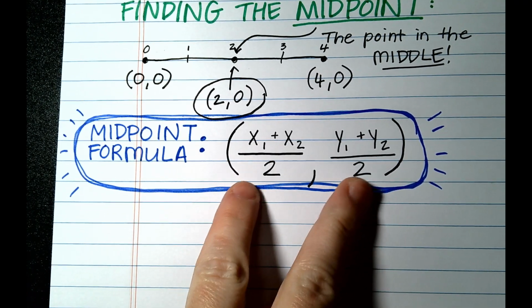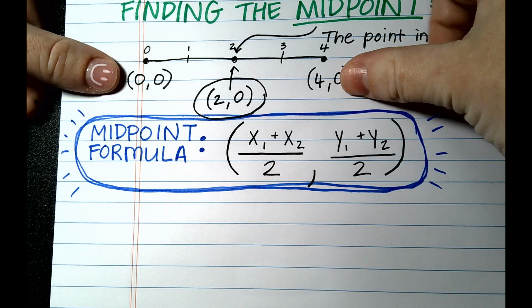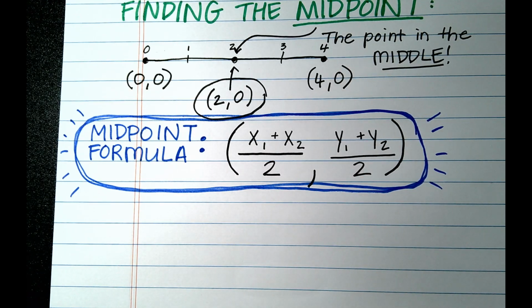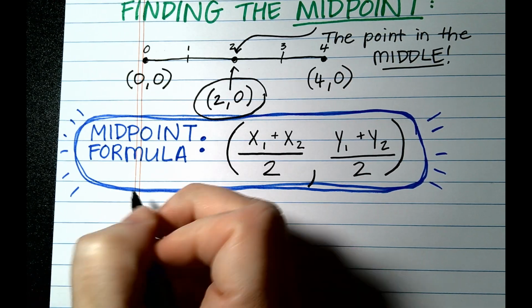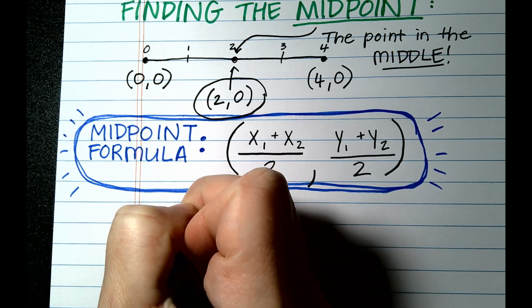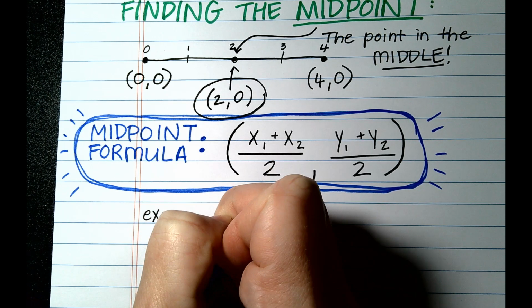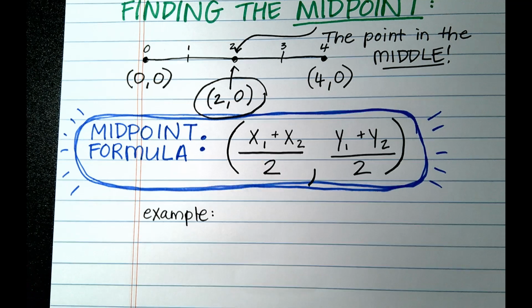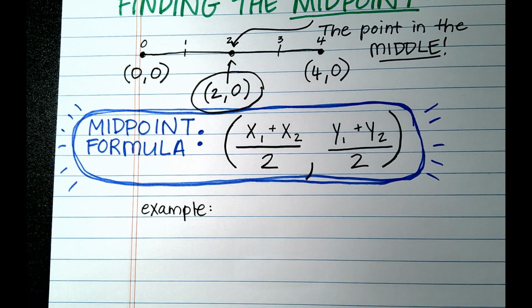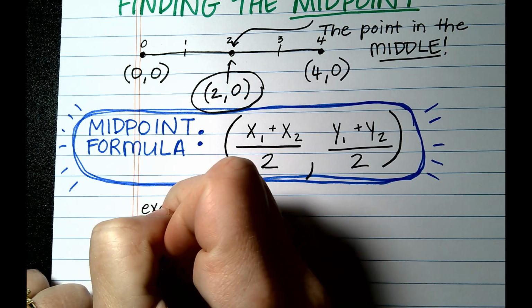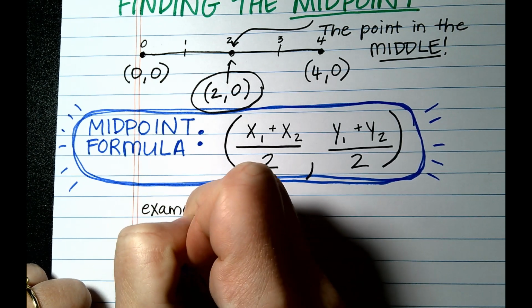So let's say we wanted to use this to solve this problem I gave you above. Here's how these problems will be written. I'll say example below. You'll see something that says find the midpoint for each set of endpoints. So I'll just write that direction.